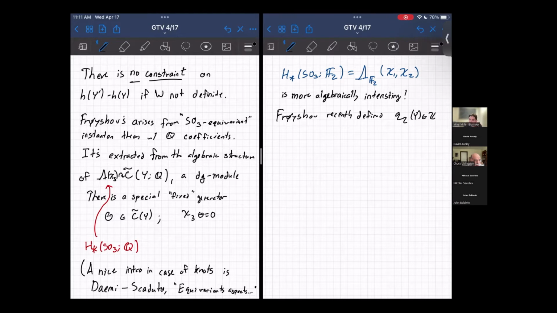He defines an invariant q2 of Y, which is an integer associated to integer homology spheres. This invariant satisfies some similar monotonicity results, though you have to be a little bit more careful about the first homology of your cobordism.